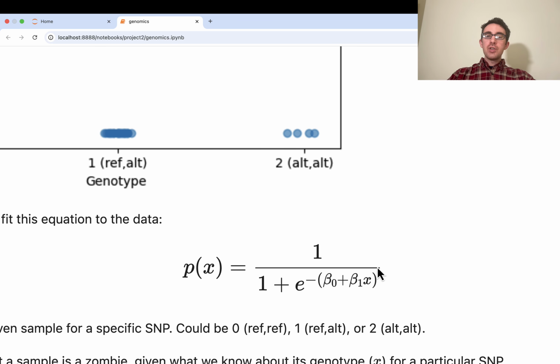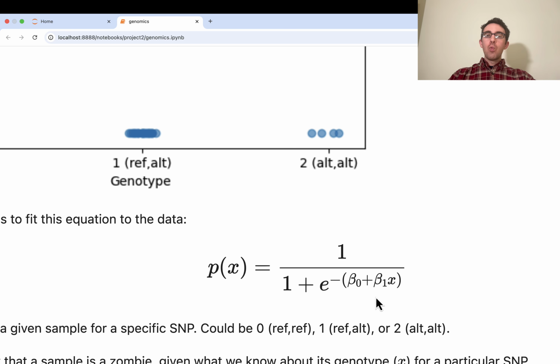if we have a genotype of X equals 0, then the beta 1 parameter will be eliminated, because we're multiplying beta 1 by 0.